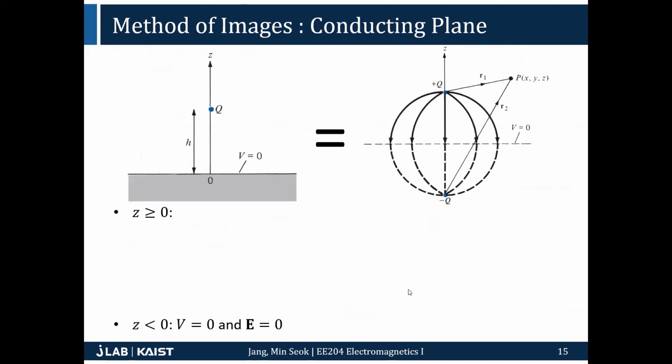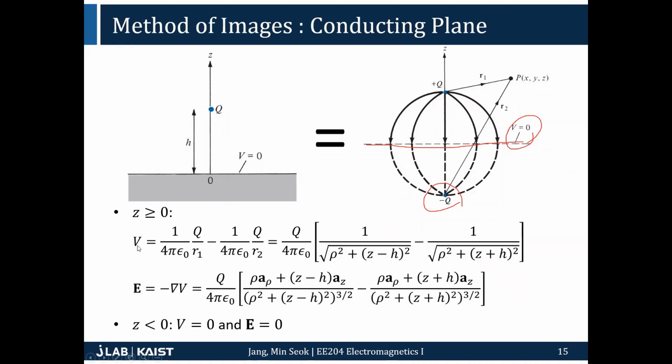And here is the thing: as I said, you put an imaginary charge on the other side of the surface, then you can see V is 0 on the conducting plane. So that's a good solution. Okay, so V becomes like this, and then of course you can evaluate E by taking the negative gradient of V. This is how you solve the problem.